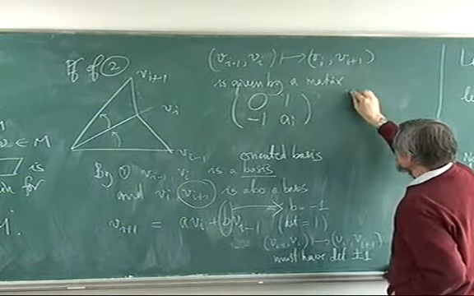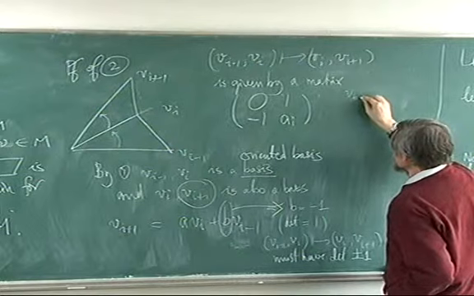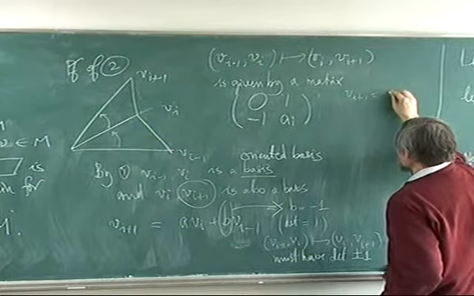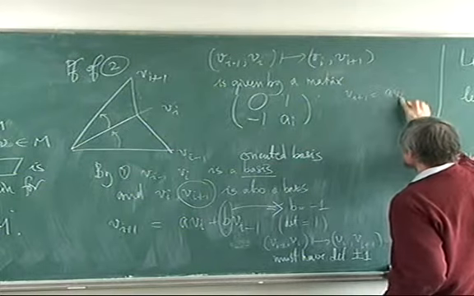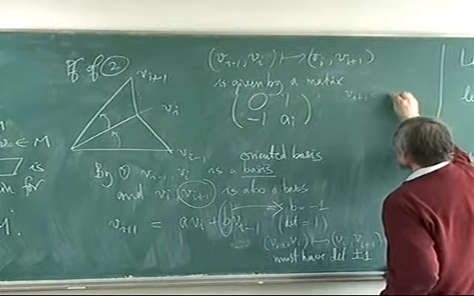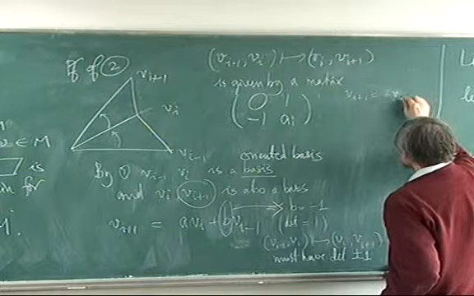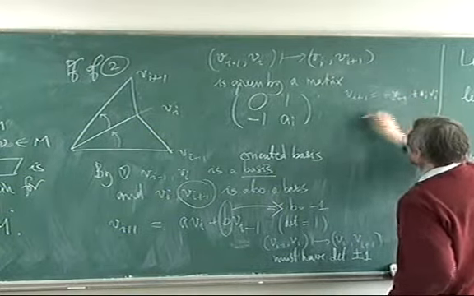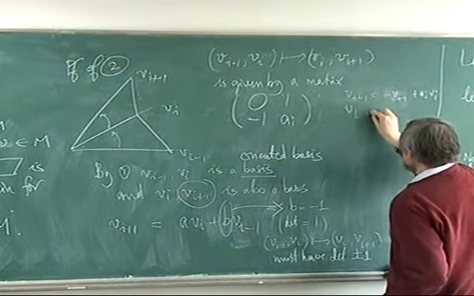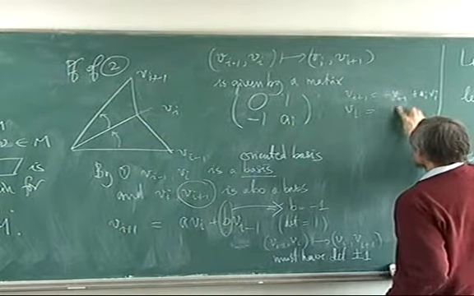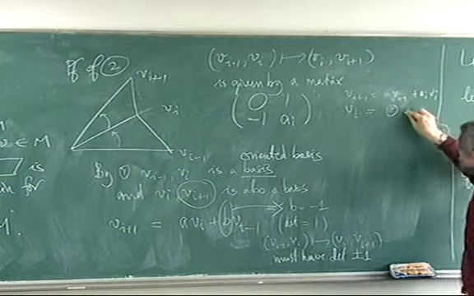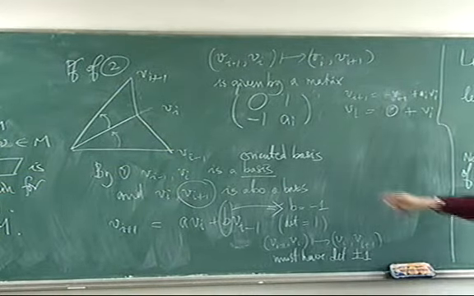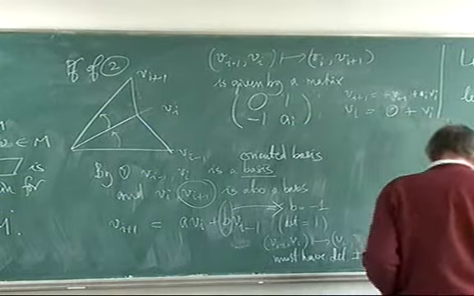So it is given by v_{i+1} equals a_i v_i minus v_{i-1}, and v_i equals 0 times v_{i-1} plus v_i. Right, that's just this change of coordinates.